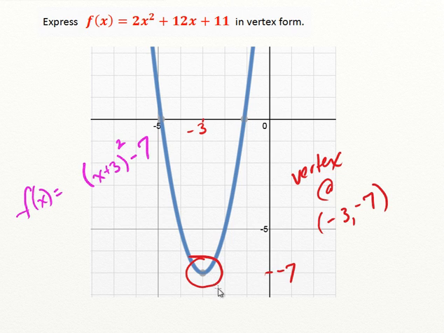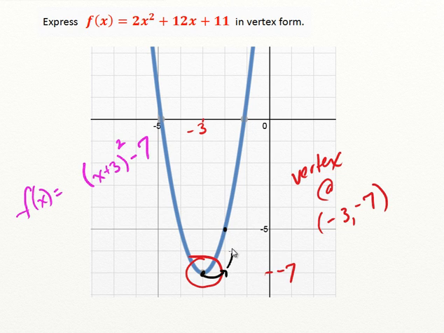Well, if I look at the vertex, I can see that we start at this point, and if I go over 1 on the normal parabola, the parent function y equals x squared, I would expect to go up 1, and that would be an a value of 1. In this parabola, however, we see that it goes up to there.